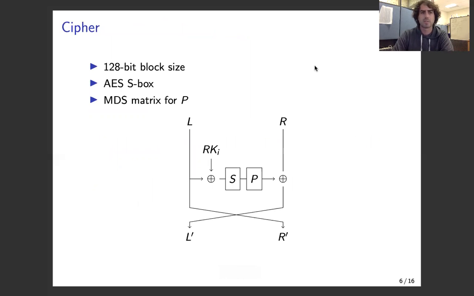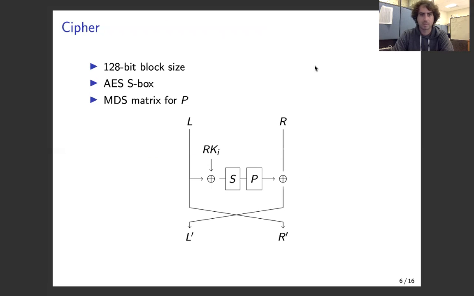Both of the ciphers will have a 128-bit block and use the AES S-box for the nonlinear layer, which is called here the S layer. And we'll have a permutation layer P, which basically is an 8x8 MDS matrix.